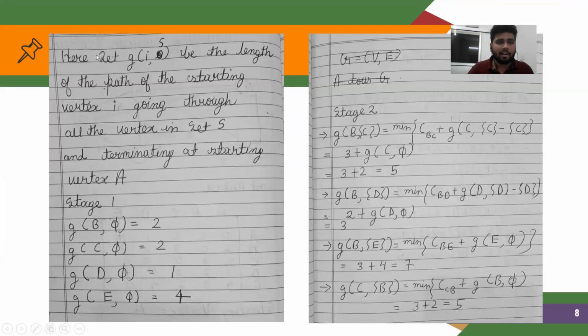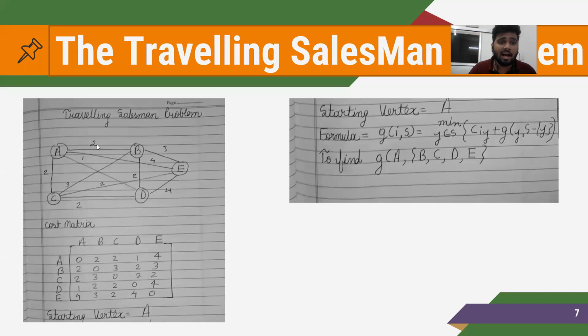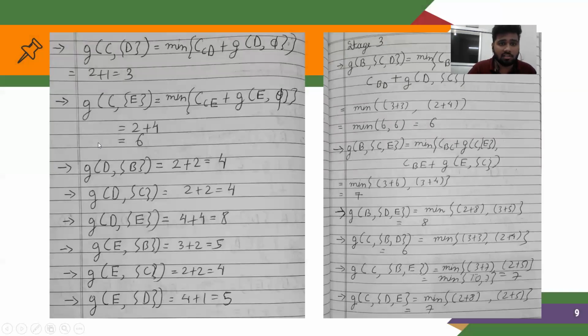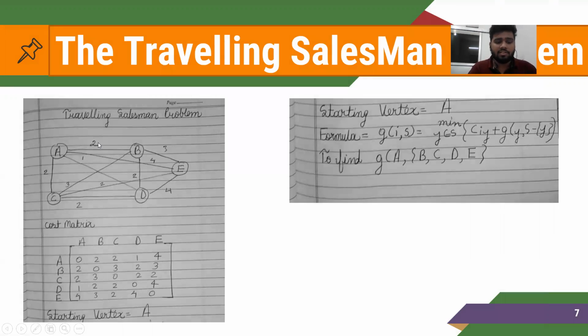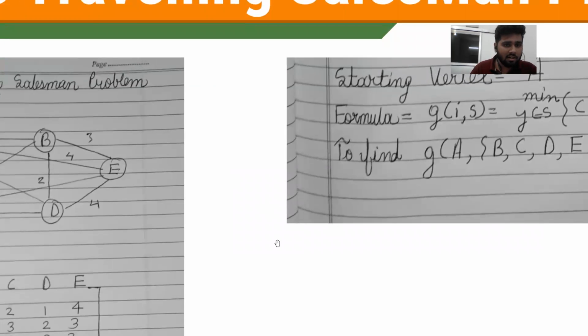So here, let G of I comma S be the length of the path starting from vertex I, going through all the vertices in set S and terminating at starting vertex A. Here vertex I is referring to the starting vertex A, which I explained earlier.